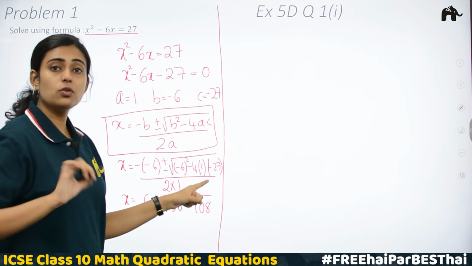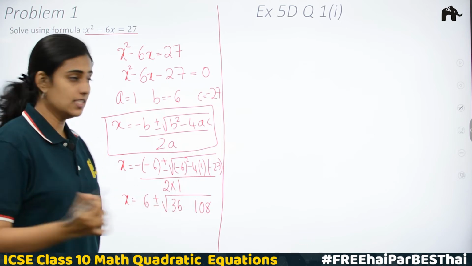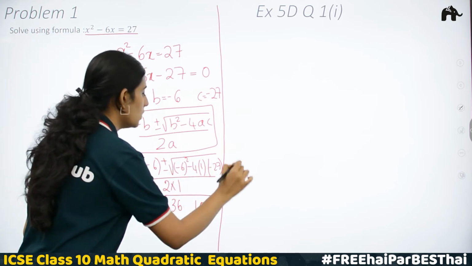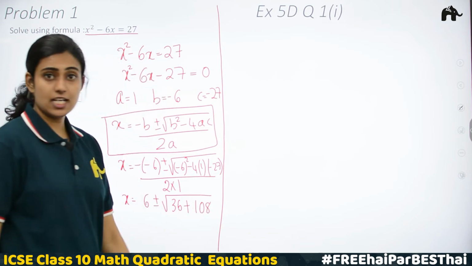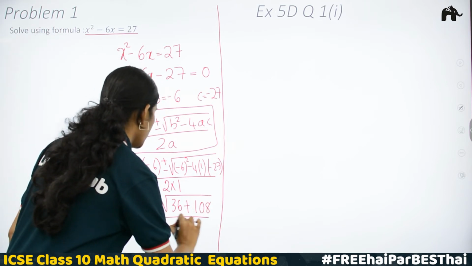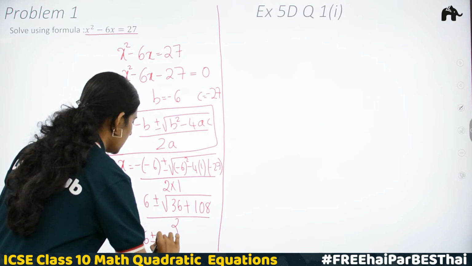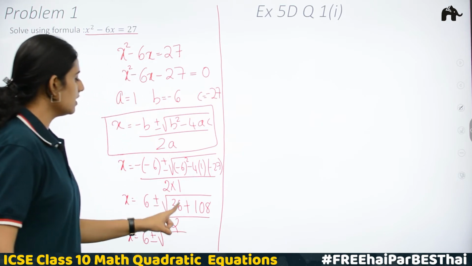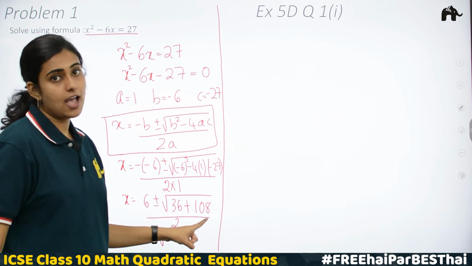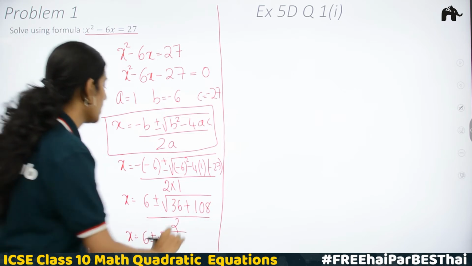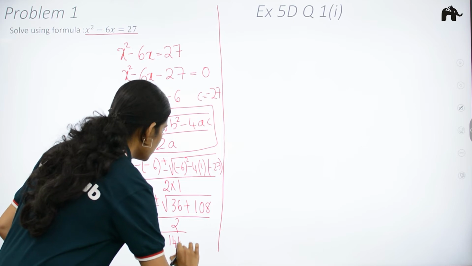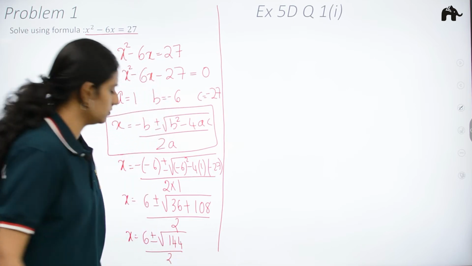Product of two negative numbers will be positive. Minus 4 into -27 is plus 108, divided by 2. X is equal to 6 plus or minus root of, what is 36 plus 108? 144. 144 divided by 2. Okay.